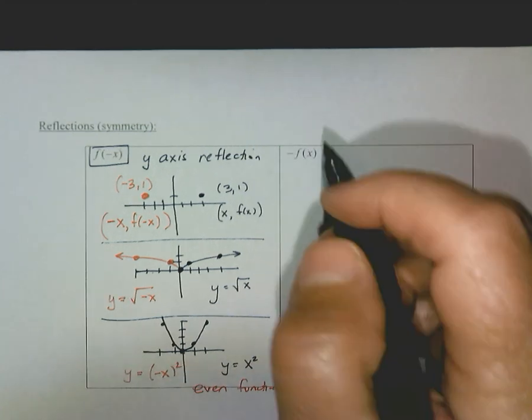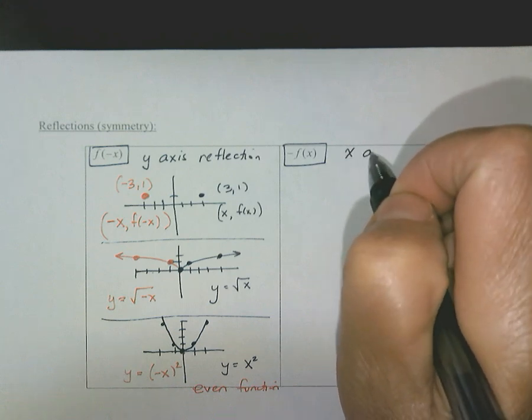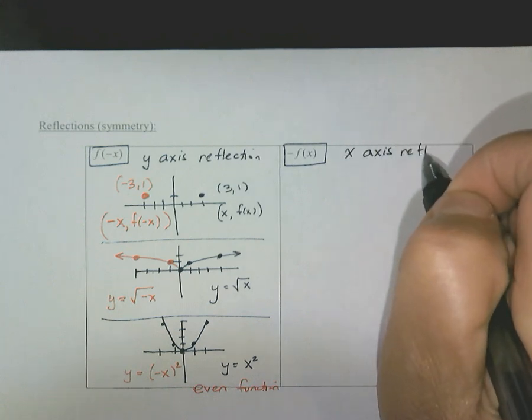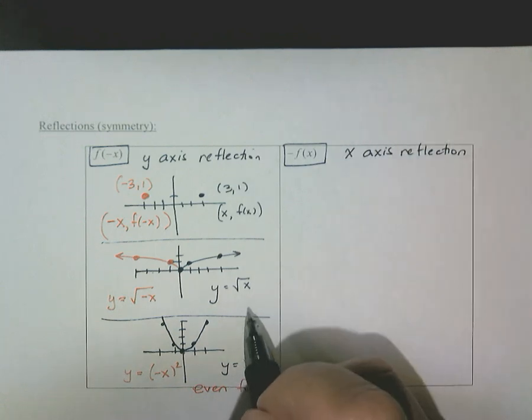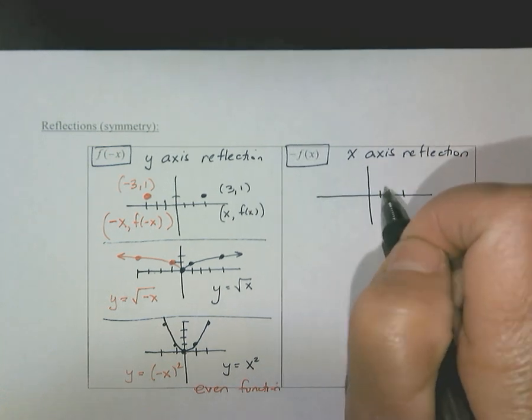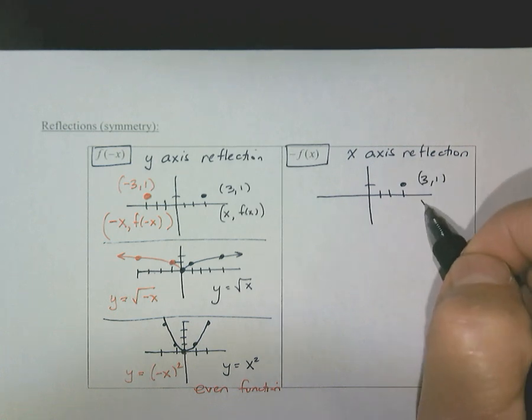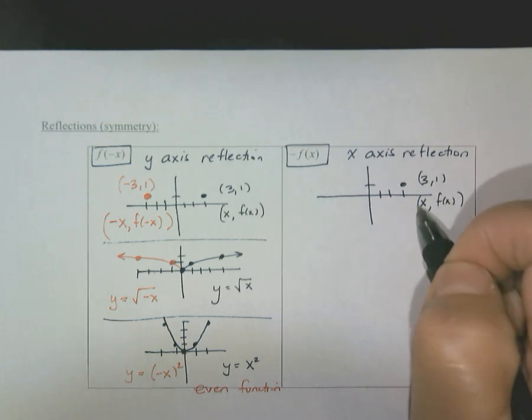This negative f of x is going to be an x-axis reflection. So if I look at it this way, start with the point (3, 1) again. This is x, f of x.